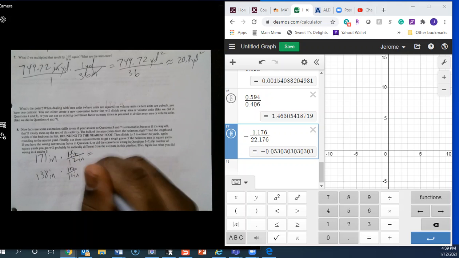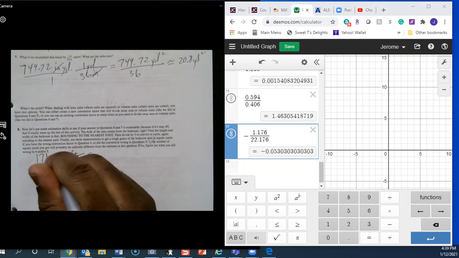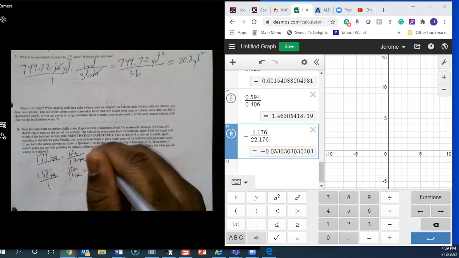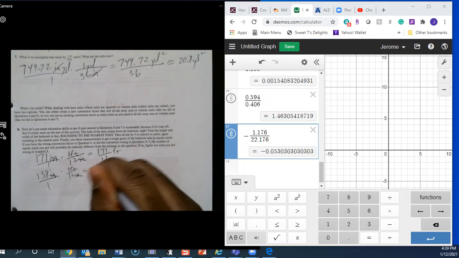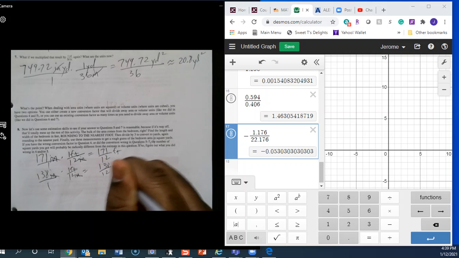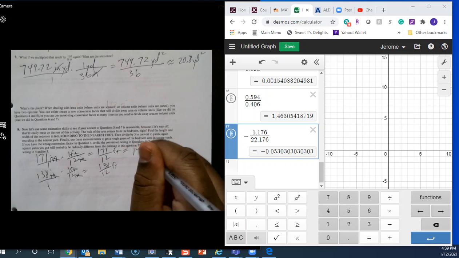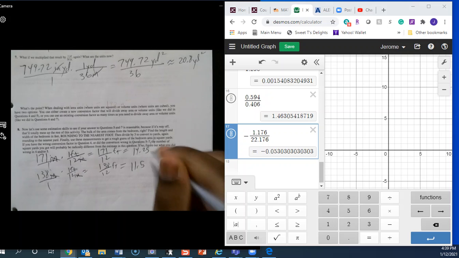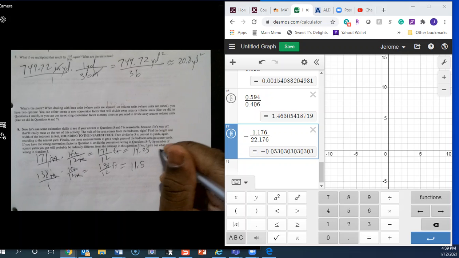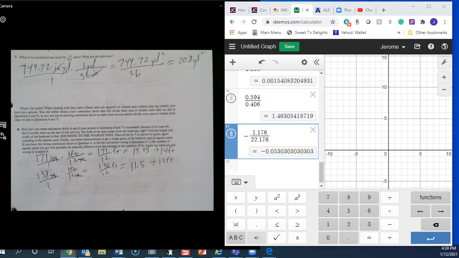So put this over 1, put this over 1. The inches will simplify each other out. So yeah, 171 over 12 feet, 138 over 12 feet. And this will give us 14.25, and this will give us 11.5. And they tell us to round to the nearest foot. So this will be 14 feet. This will be 12 feet.